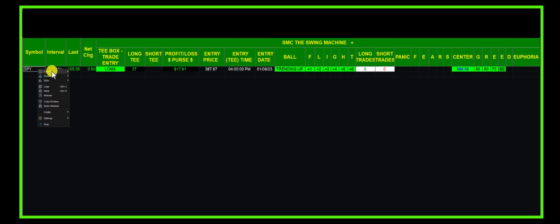Now I'm going to change the interval to a weekly view. Why? The weekly view is how we make a determination whether a market is bullish or bearish. It's very important. If a market is bullish, a rising tide will raise most boats.